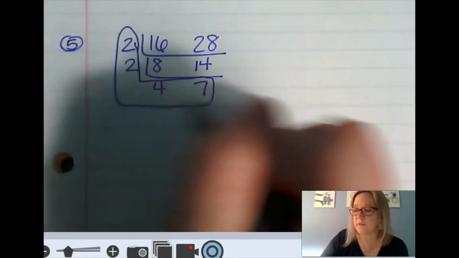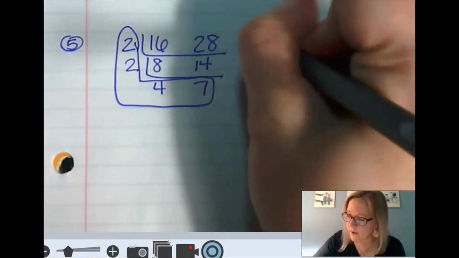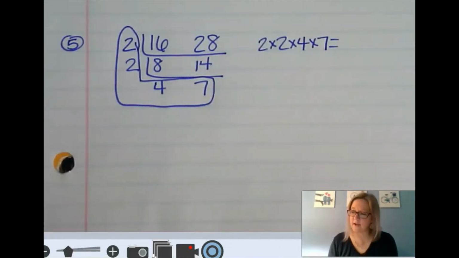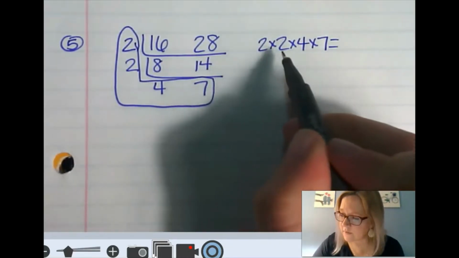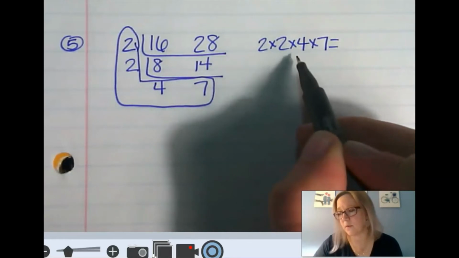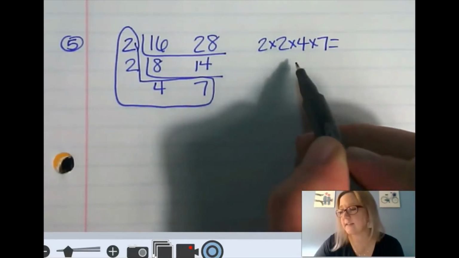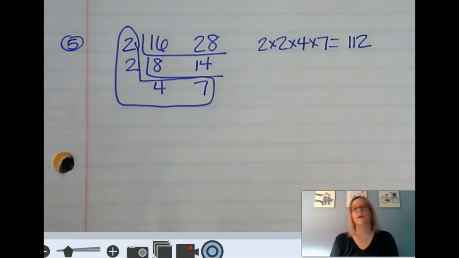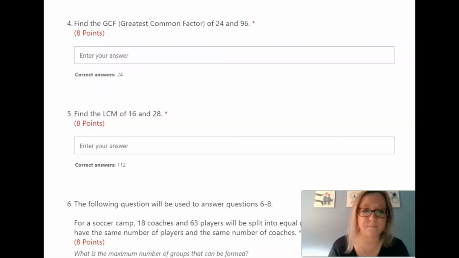Alright, so we're going to multiply all of these values together. So I have 2 times 4 times 7. And when I multiply that out, 2 times 2 is 4. 4 times 4 is 16. And then 16 times 7 would give me 112. Alright, so 112 is our least common multiple of 16 and 28.